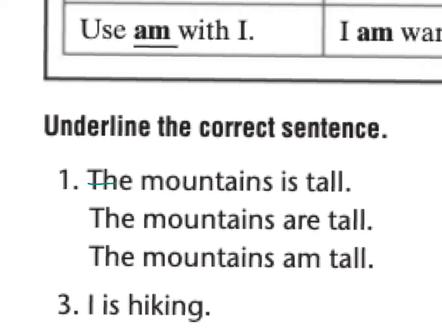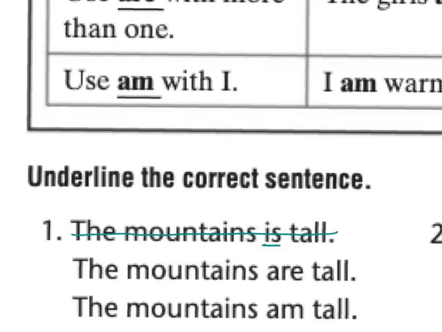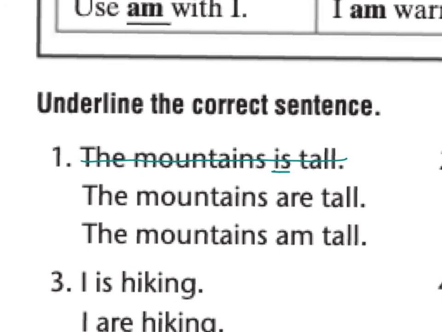So this first sentence wouldn't work because we use is when there's just one. Remember, we use am with I. This is not about I. It's not about like yourself. So we can't use am. That means the correct sentence is the mountains are tall. Remember, we use are when we have more than one.